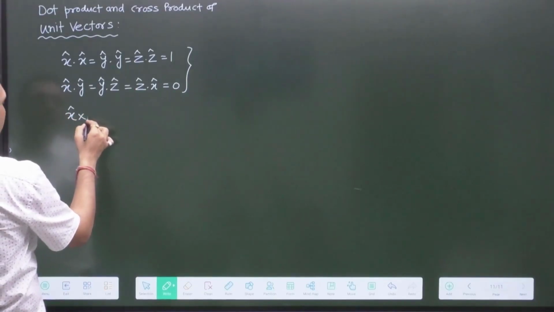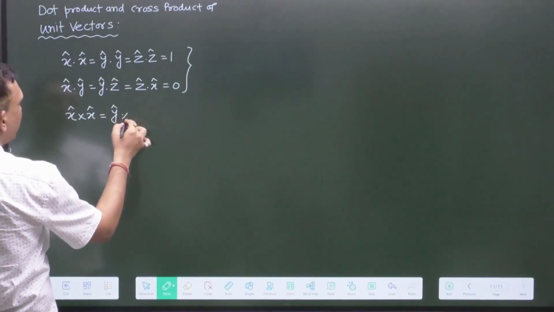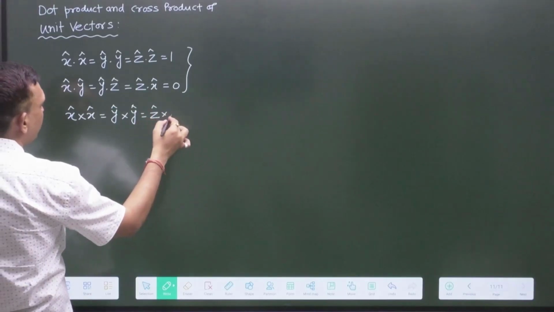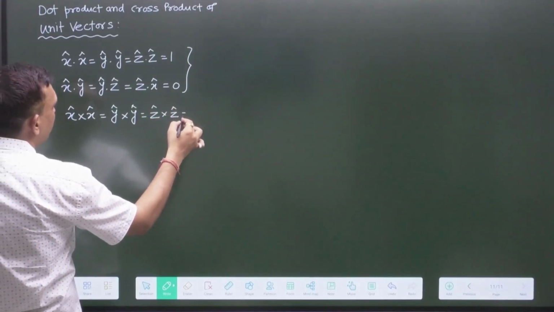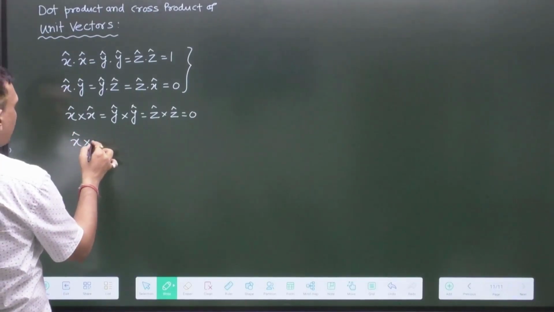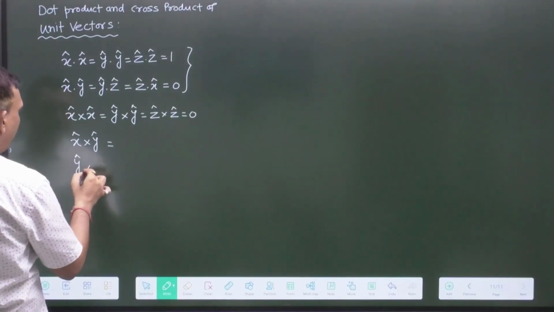What will be x cap cross x cap? Y cap cross y cap? Z cap cross z cap? This will be 0. Now what will be x cap cross y cap? Y cap cross z cap?